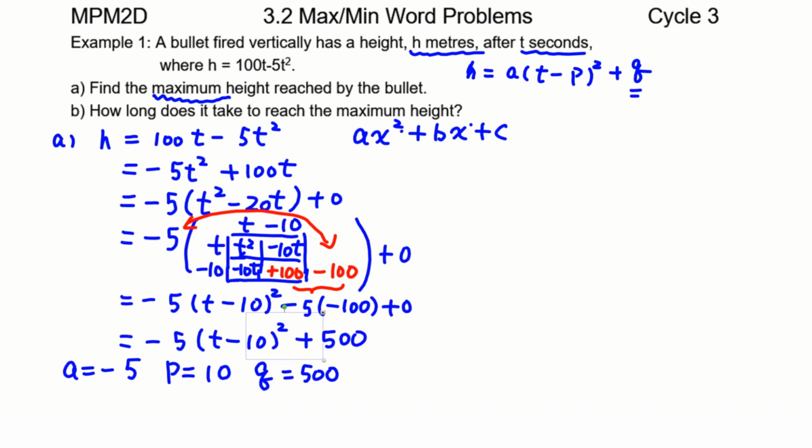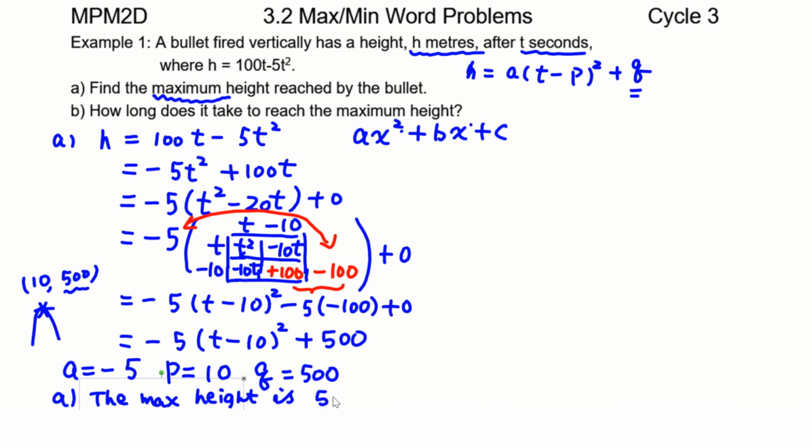From this vertex form, we know this opens downward, so the maximum will be at the vertex, and the maximum value is your y value. So the maximum height is 500 meters.